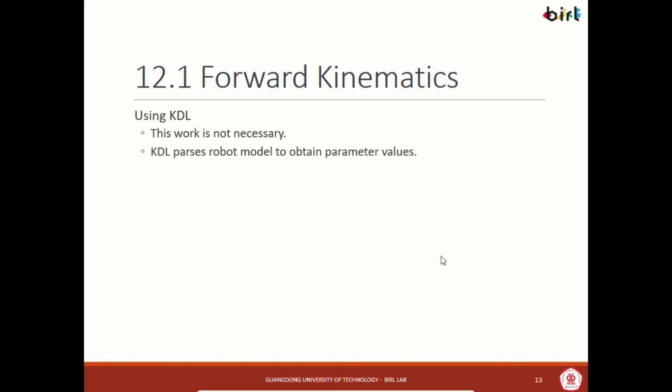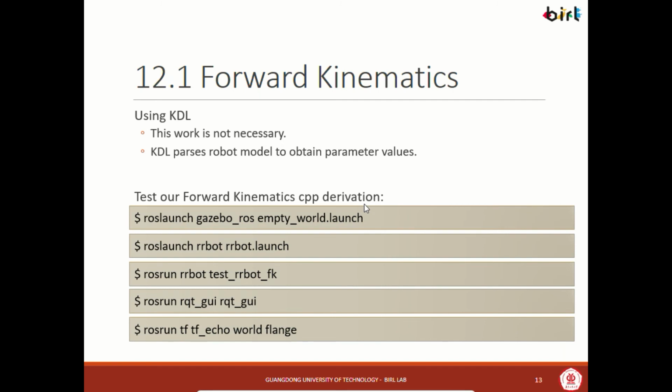If we were to use KDL, we don't need to use all this stuff. We don't need to derive the DH parameters ourselves, because we can extract the tree easily from the parameter server. Okay? But we still want to do it to test the derivation. So here's a simple example.